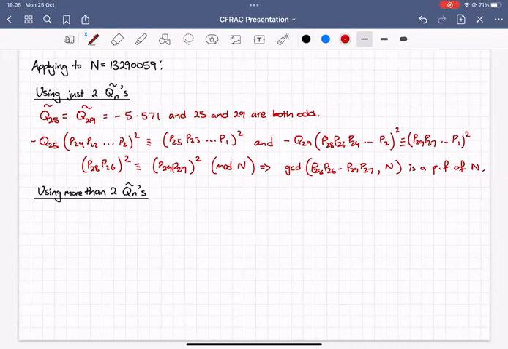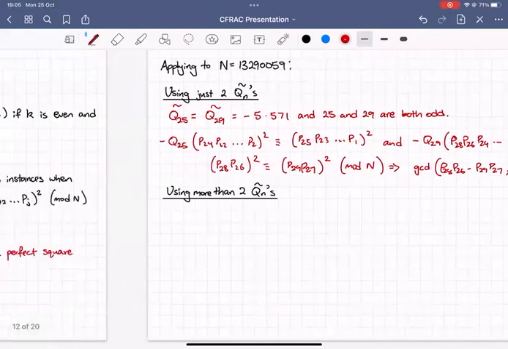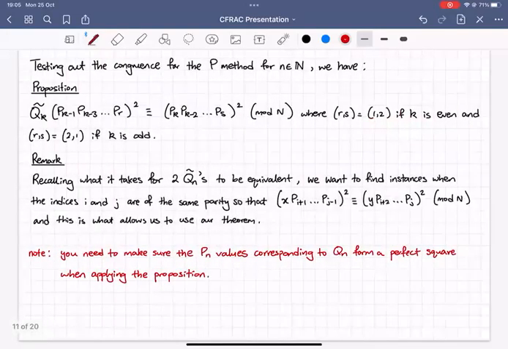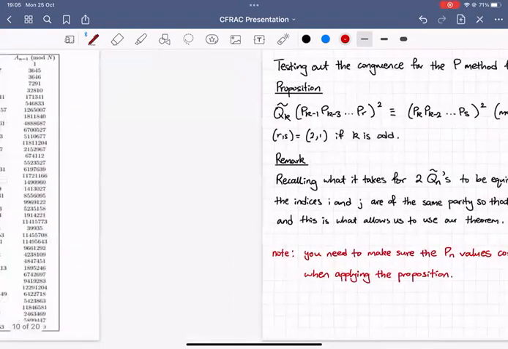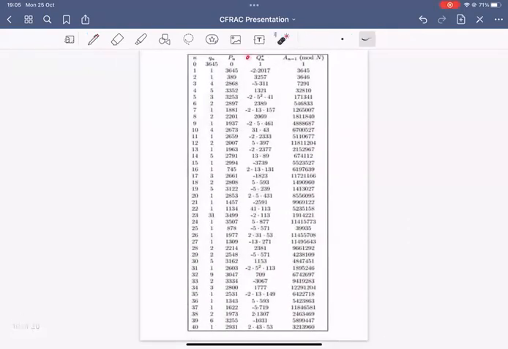Okay, so now you want to use more than 2 QNs. That's a little bit more tricky, but it's doable. We have to look at the QN column, so this column. So we want to use more than 2. So we have to pick the QNs such that their values multiply together to give a perfect square. So I have an example here.